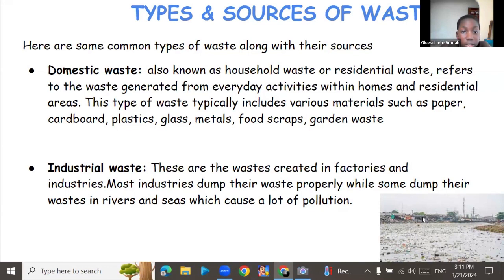This type of waste typically includes various materials such as paper, cardboard, plastic, glass, metal, food scraps, garden waste. Industrial waste. These are the waste created in factories and industries. Most industries dump their waste properly, while some dump their waste in rivers and seas, which cause a lot of pollution.